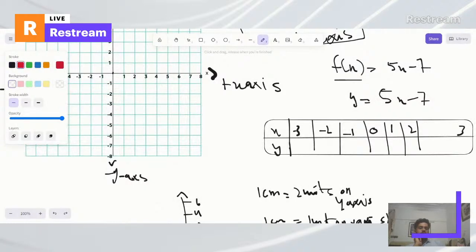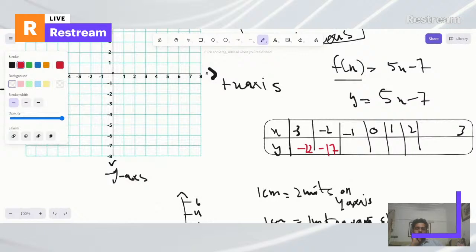So if we plug in -3, it's going to be 5 times -3, which is -15, minus 7, so it becomes -22, right? Now -2 times 5 becomes -10, -10 minus 7, so it becomes -17.